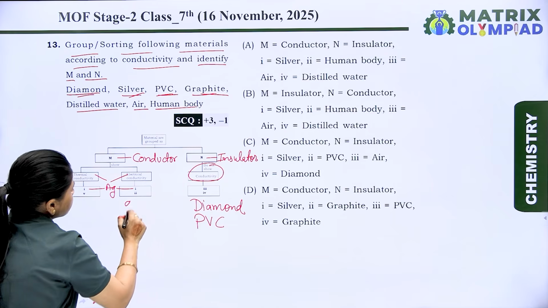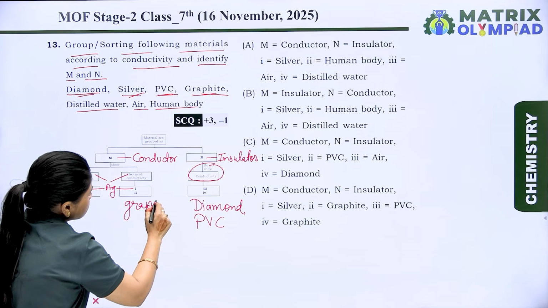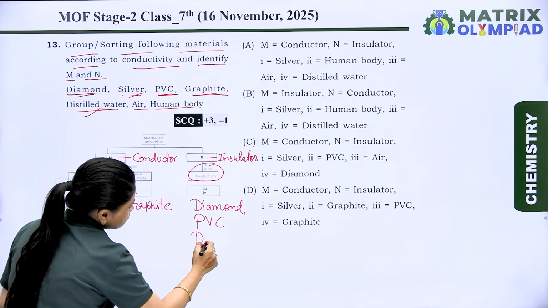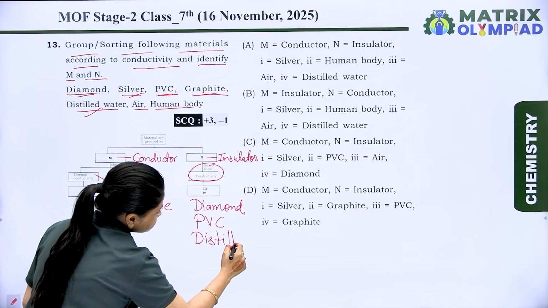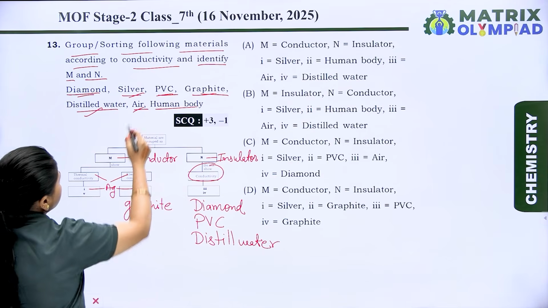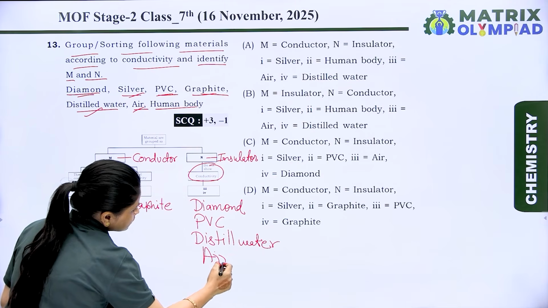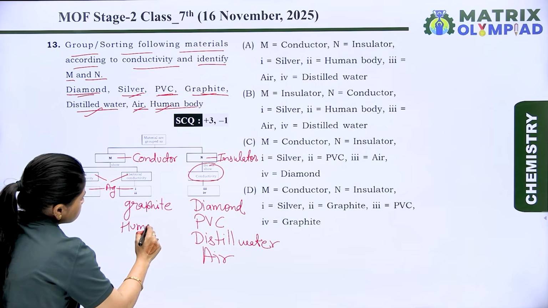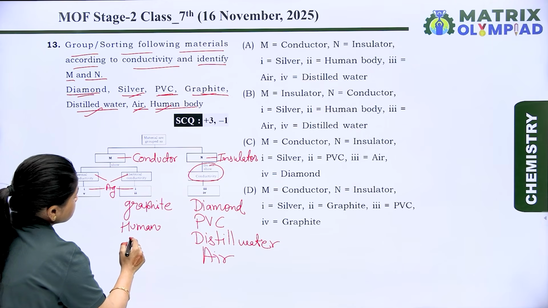Graphite is taken as electrical conductor. Distilled water is again insulator. Air is again insulator, and human body is taken here as electrical conductor.